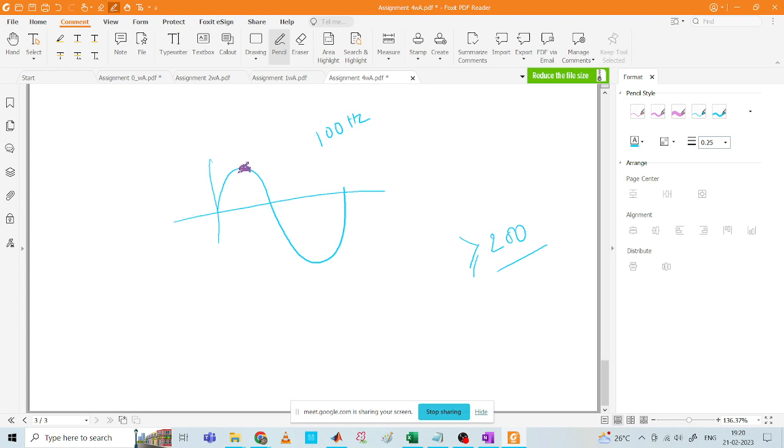So if I sample at 200, let's say one person has sampled here, and one person has sampled here. This difference is 200, so you get a final signal which looks like this. But let's say that someone samples the signal here. What will be the output? The output will be continuously 0. So is greater than or equal to 200 correct or wrong?